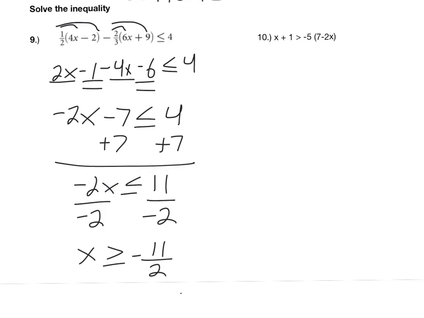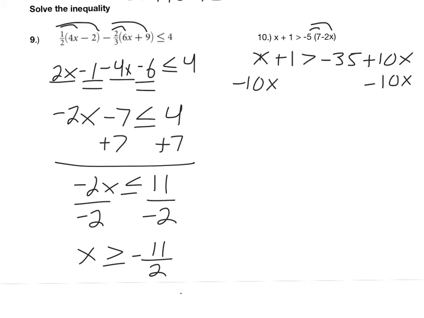And then this problem, again, we distribute first, right? And that's a negative 5 that we're distributing, so it would be x plus 1 is greater than negative 35, and then it's negative 5 times negative 2x, so that would be a positive 10x. Nothing to distribute here. No like terms to combine, so I'm just going to go ahead and move the variables to the same side by subtracting by 10x on both sides.